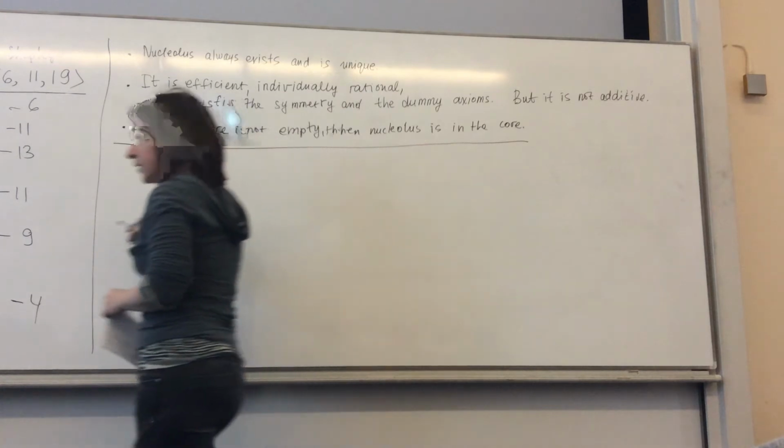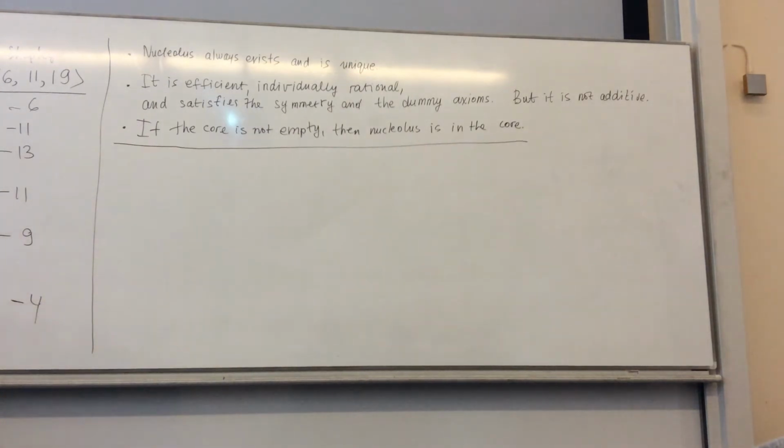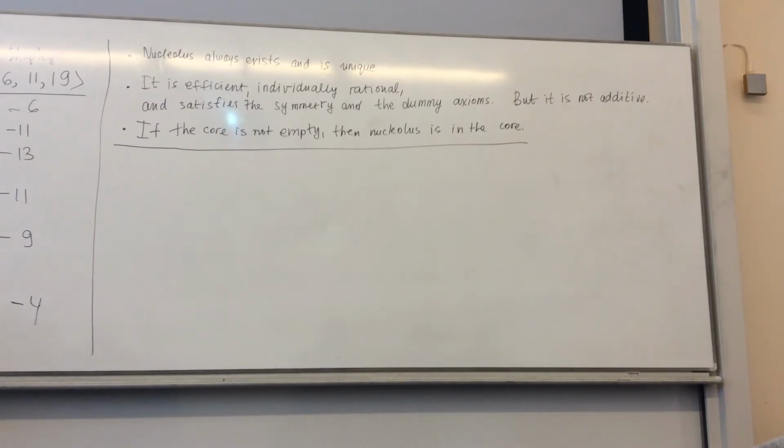So it is a pretty nice solution. It's unique, it always exists. If the core is not empty, then it's also a stable solution, and also it is pretty fair, in fact, right? So it's symmetric and it satisfies the dummy axiom.